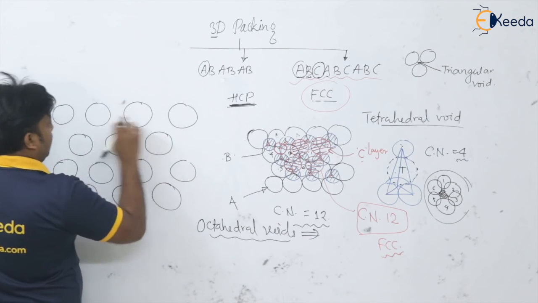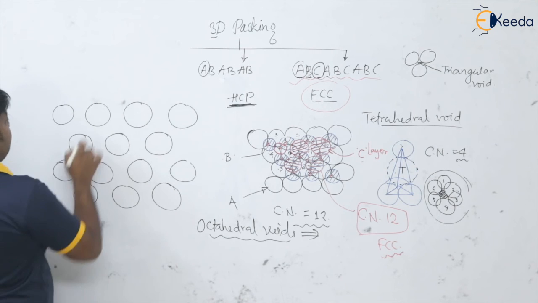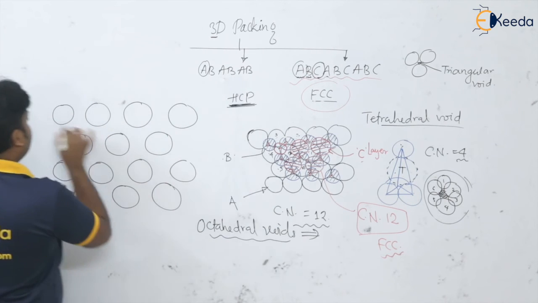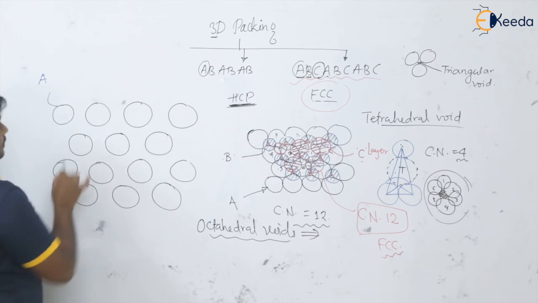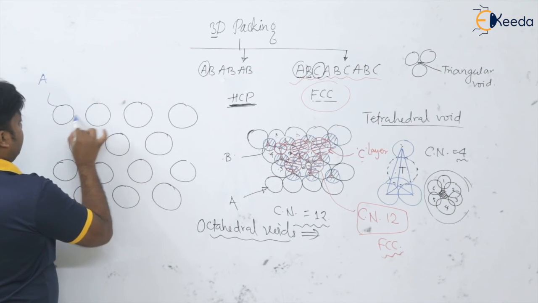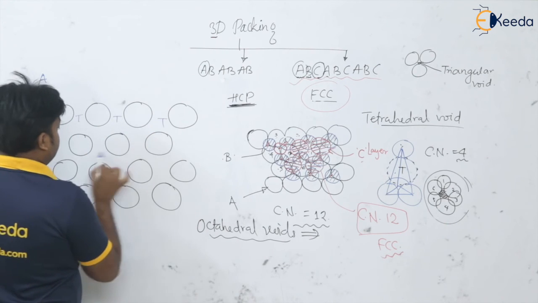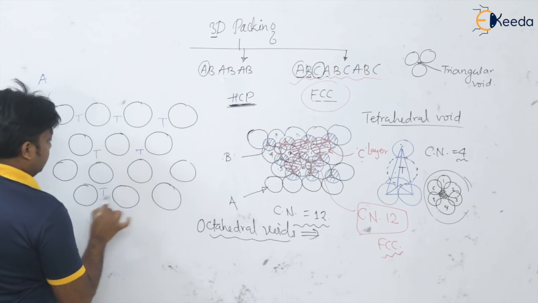Intentionally I am keeping this huge space so that you can get the idea. Now where is the tetrahedral void, for this layer A is over. So this is the bottom atom somewhere here. So this is the tetrahedral void formed by 4 atoms. This is the tetrahedral void.